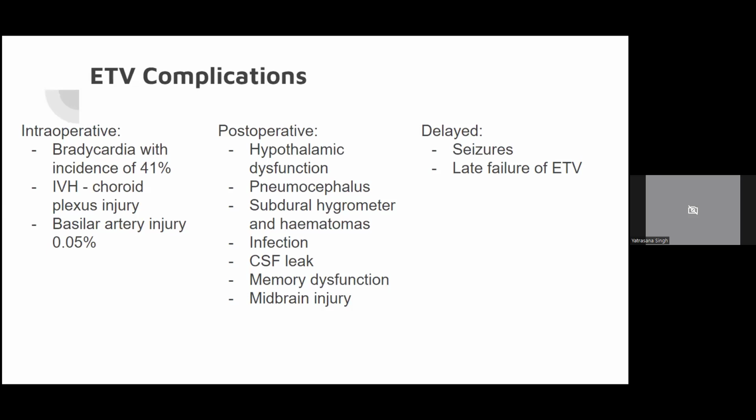Postoperatively, the patient could have hypothalamic dysfunction, which could actually lead to dysphagia. They could have pneumocephalus, which is commonly seen, subdural hygroma, and hematomas, infection, CSF leak, midbrain injury, and memory dysfunction. And delayed complications include seizures and late failure of the ventriculostomy.